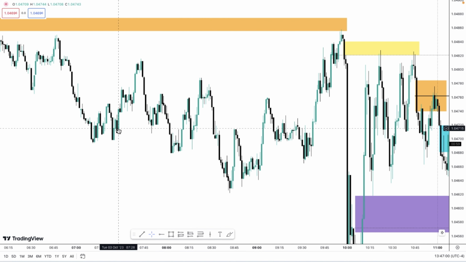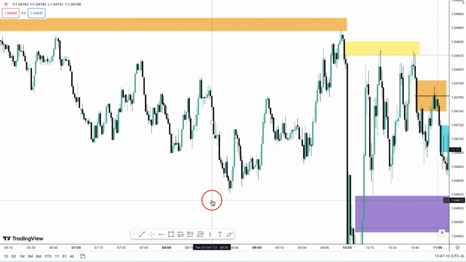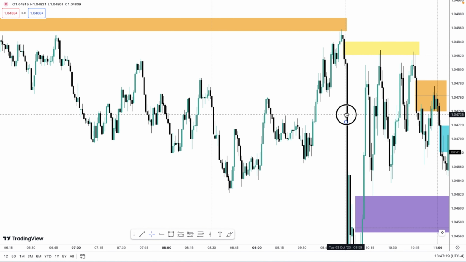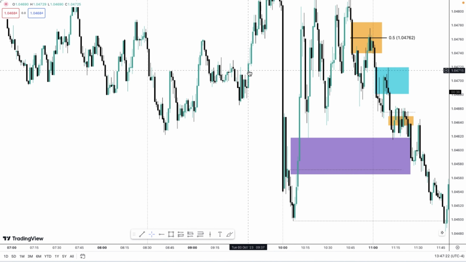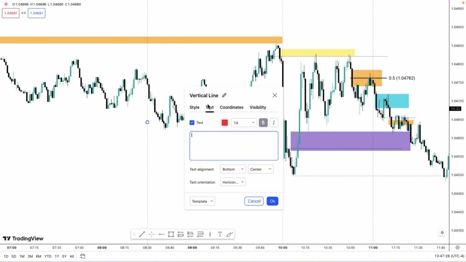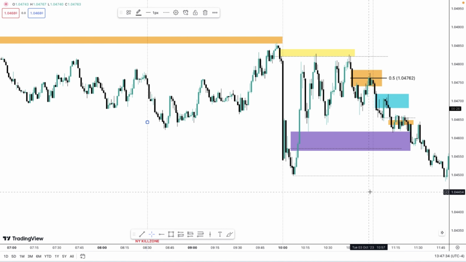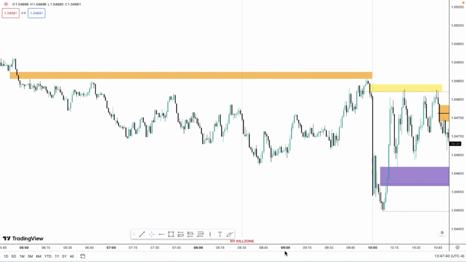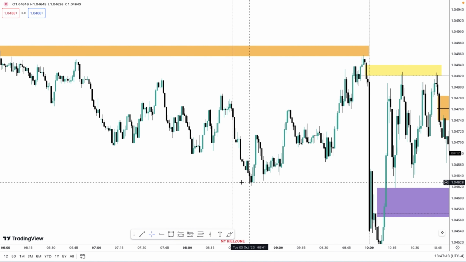So I'm reviewing between 8:30 and 11. 11 is already marked. So between 8:30, you can see price.